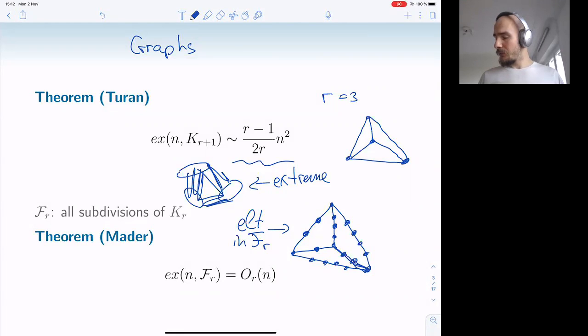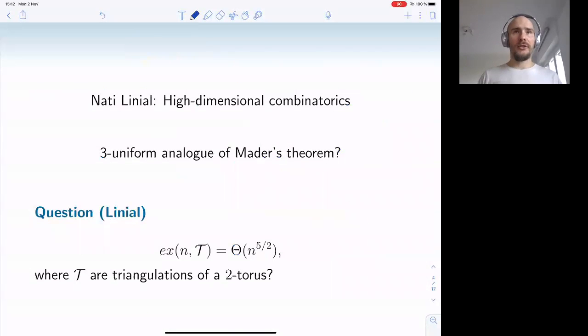Nati Linial in recent years was promoting this domain of high-dimensional combinatorics. It's not even a domain; it's more of a point of view, a perspective on combinatorics.